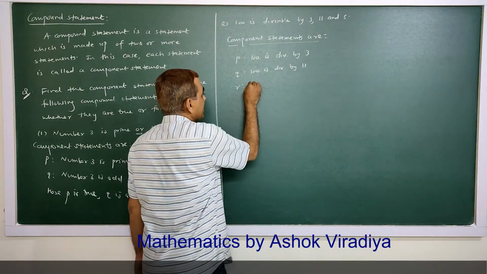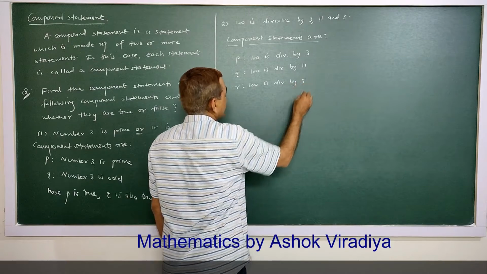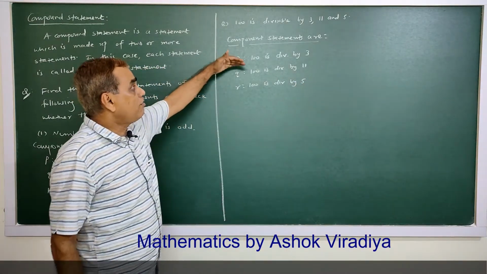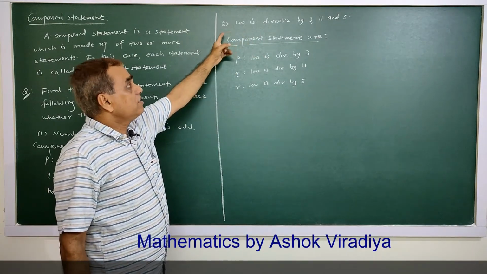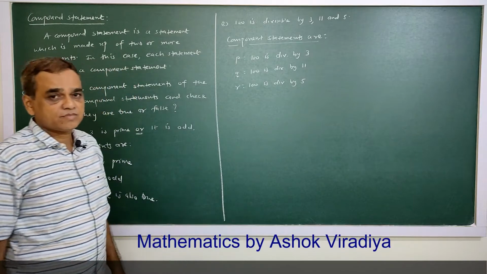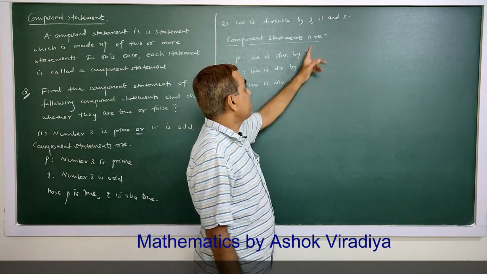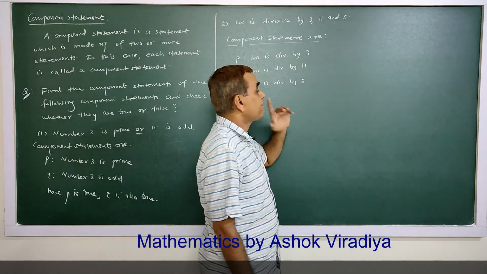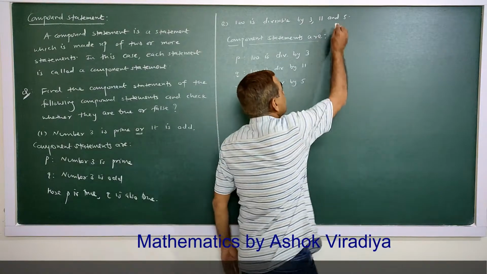And the third statement is 100 is divisible by 5. So there are three component statements included in this compound statement, and these are connected by the word and.